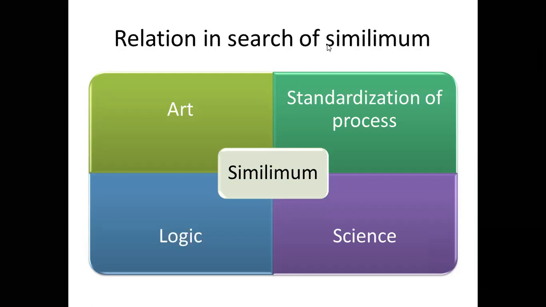But with the evolution of repertory, all this discussion has stopped. The repertory gave a standardization to this process of searching for the similimum: before you search for the similimum, it must go through the standard process of repertorization, and then only one can find the similimum with more and more accuracy.